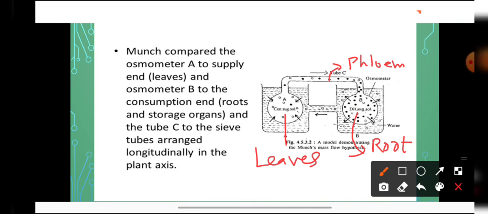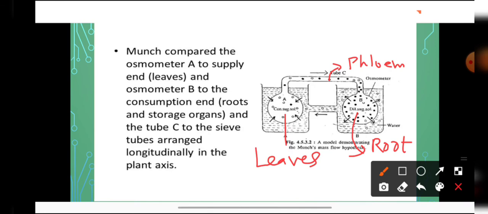So we all know that leaves are manufacturing food. So here the osmotic concentration is high. Because of high osmotic concentration, it will absorb water from the neighboring cells. So there will be an increase in the turgor pressure. Whereas in case of roots or storage organs, here the food is used, so there is a low concentration of organic solutes.